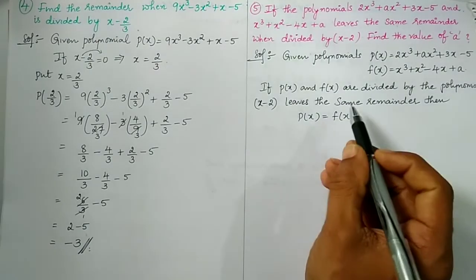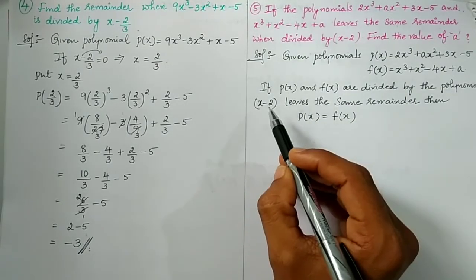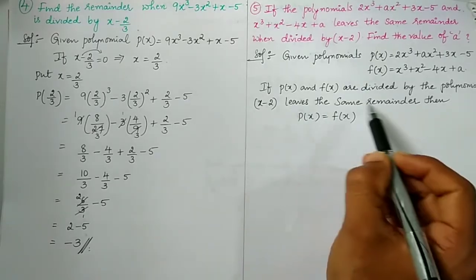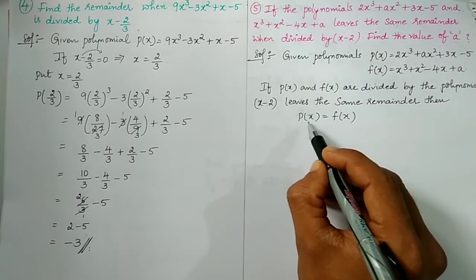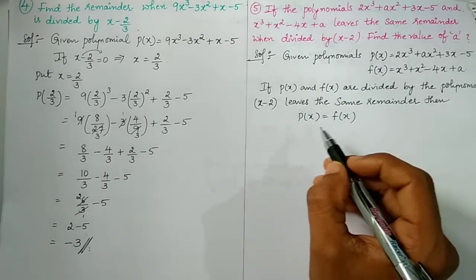Understood this point? If I divide these two polynomials with x minus 2 and it leaves the same remainder, then we can say p of x is equal to f of x.